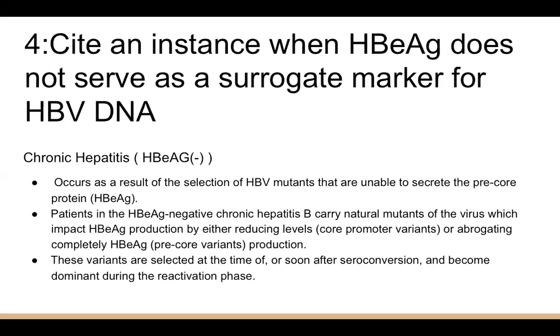Patients with HBeAg-negative chronic hepatitis B carry natural mutants of the virus which impact HBeAg production by either reducing levels or abrogating completely the precore variant production. These variants are selected at the time of or soon after seroconversion and become dominant during the reactivation phase.